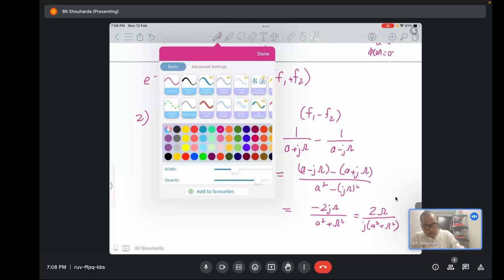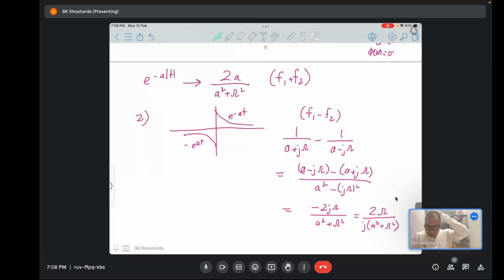Now I will show you something interesting. We told you that as a becomes higher and higher, it becomes sharper. But if I move a to 0, what will happen? E to the power minus at will become 1, and e to the power at will become minus 1.